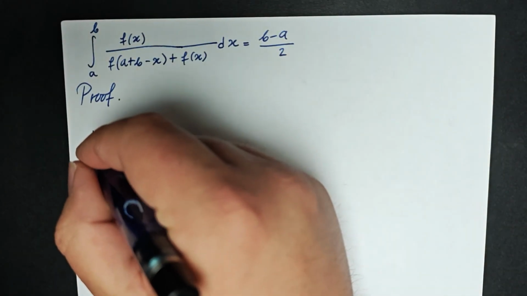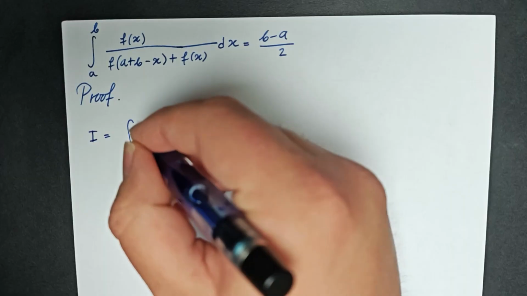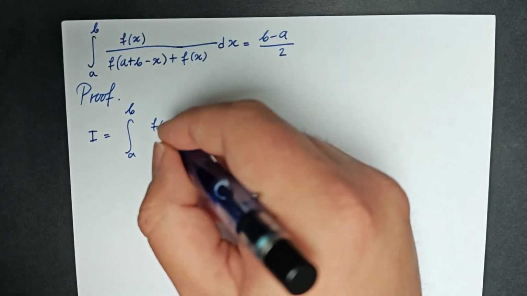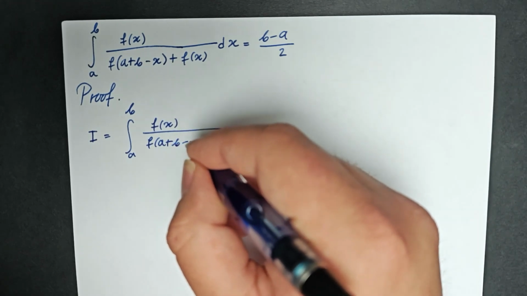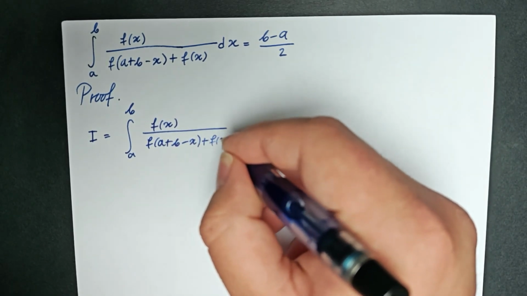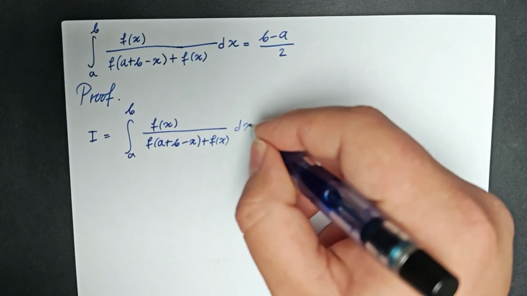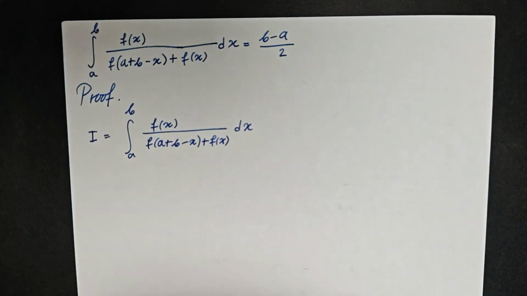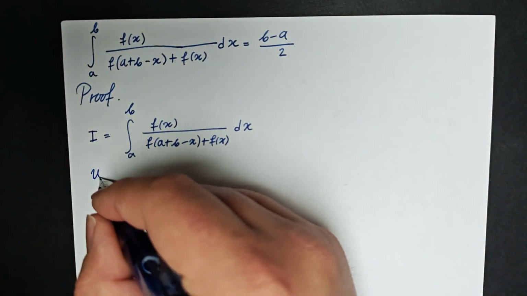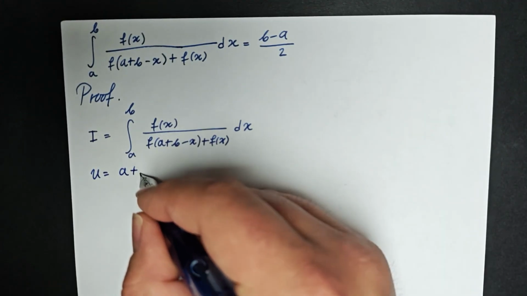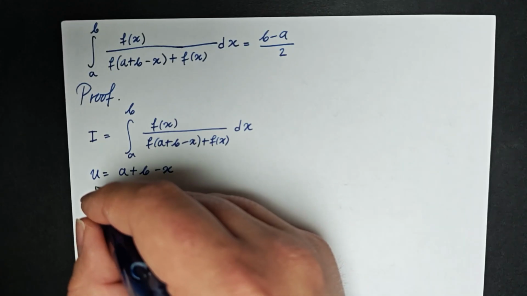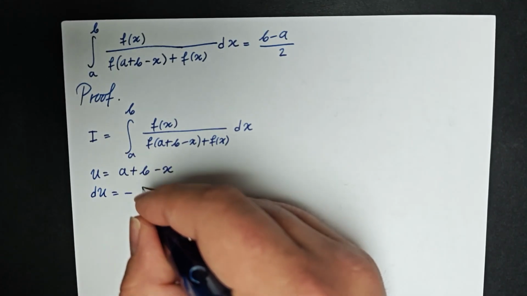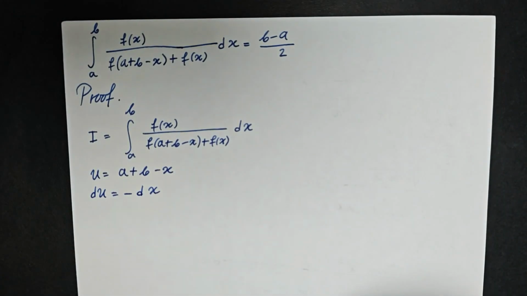Let's name the integral which we are working with, integral from a to b of f of x divided by f of a plus b minus x plus f of x, differential of x, as I. Now we are going to introduce the substitution that u is equal to a plus b minus x, and that is going to give us that the differential of u is equal to negative differential of x.